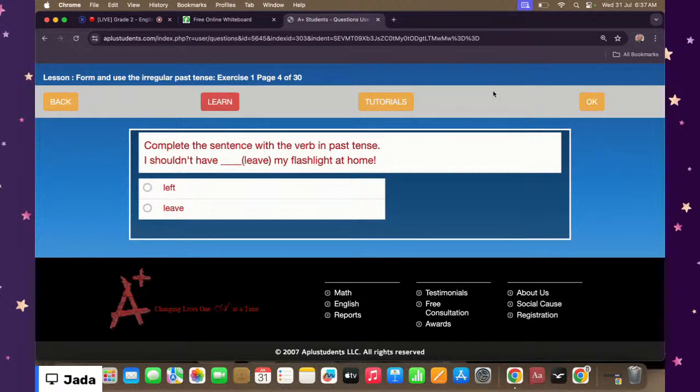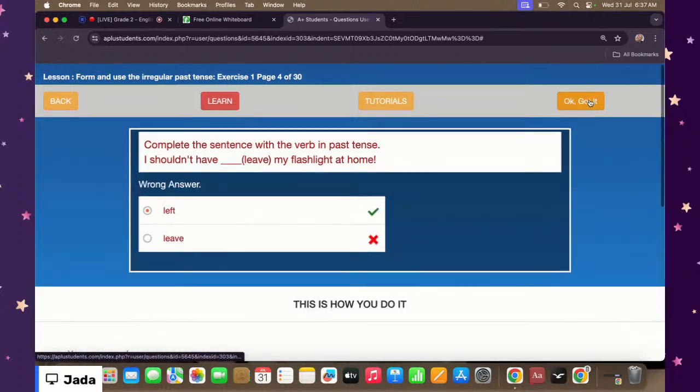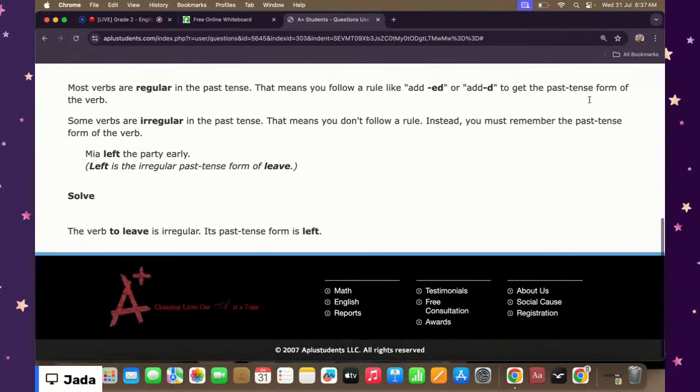I shouldn't have left my flashlight at home. Leave is in the present, so you have to put the past tense. So let's say you click on leave and your answer is wrong. All you need to do is scroll down and you will see the explanation. Okay?